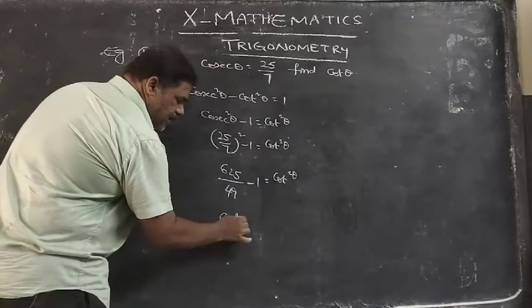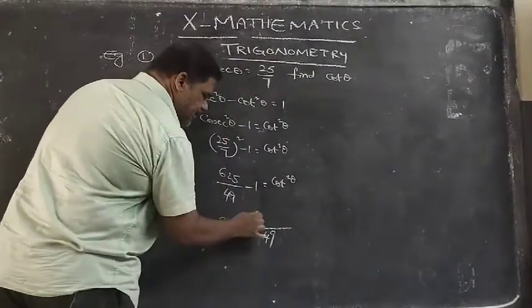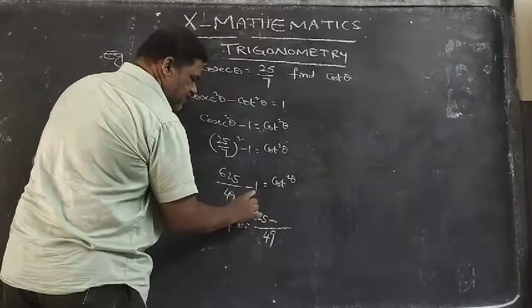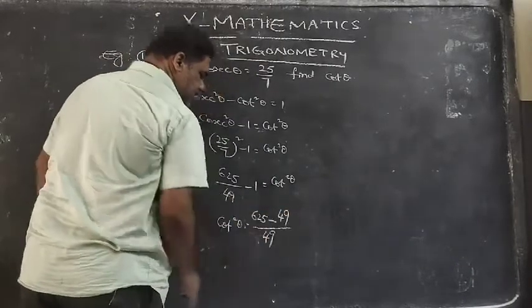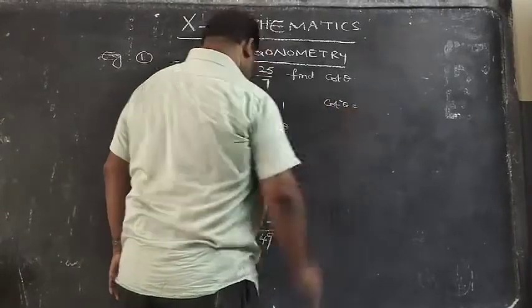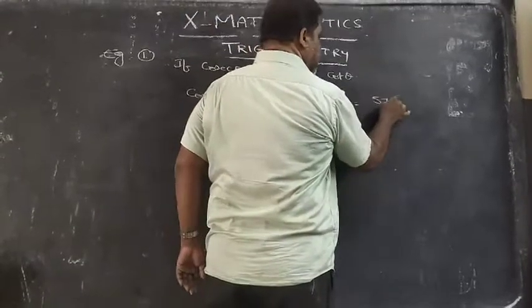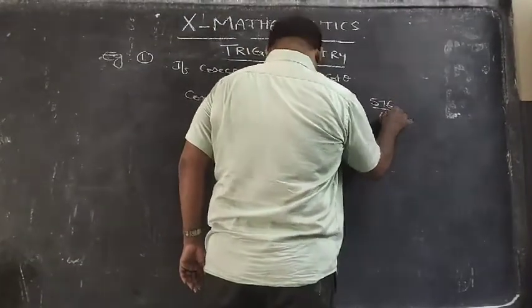So cot square theta is equal to, if you take LCM, 49 is LCM, 625 minus 49 into 1. So we will get cot square theta is equal to 625 minus 49 is 576 by 49.